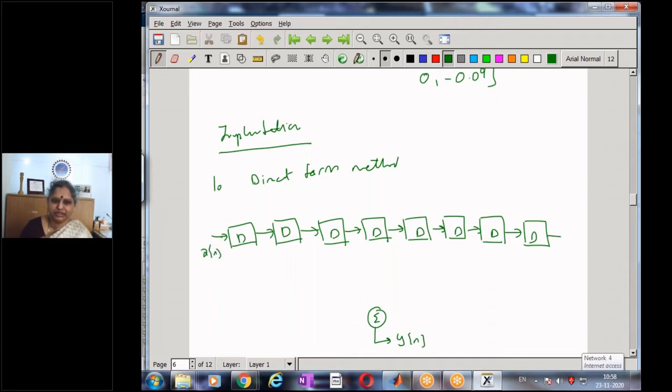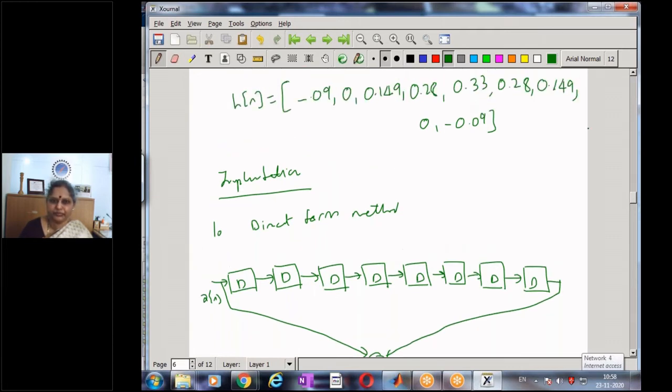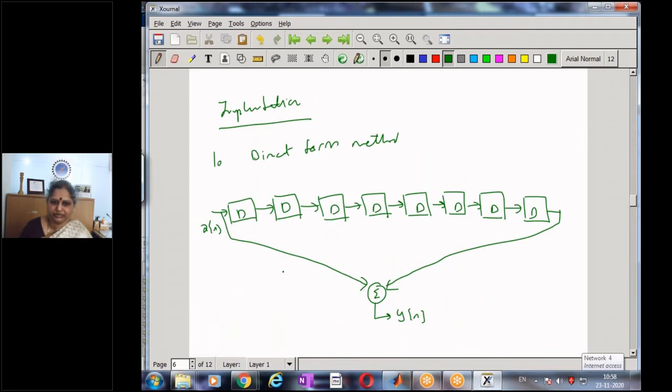And what's the first branch gain? The first and the last both have the same branch gain. And what's the branch gain? It is I think 0.09, minus 0.09. So this has a branch gain of, let me draw, yeah, minus 0.09 and minus 0.09.